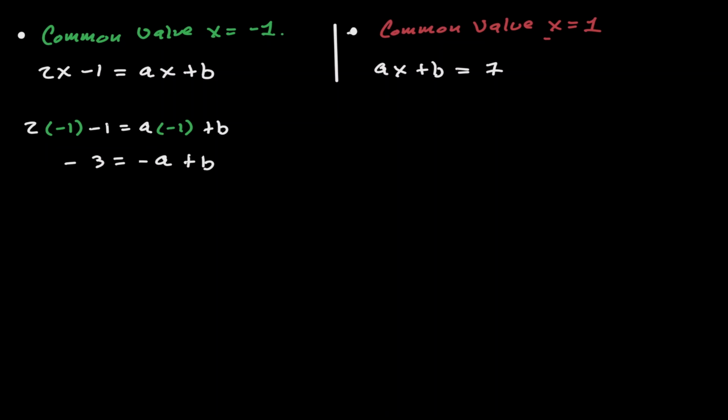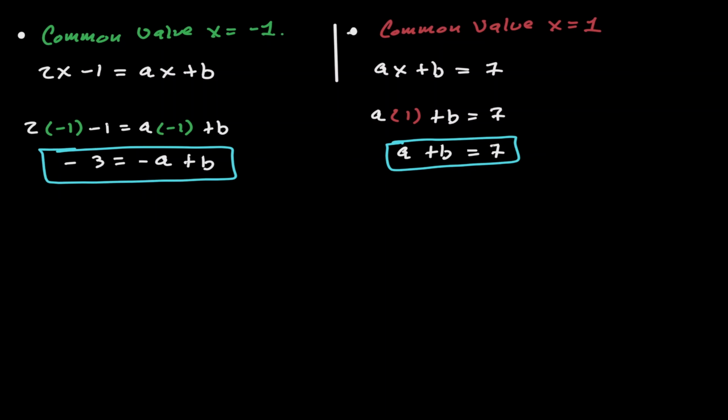In the function on the right, now let's make sure that it has the x value of positive 1. Well, let's substitute it into the equation. A times 1, that is just a. And let's bring everything down. So now notice that these two equations, the only unknowns are the values of a and b. Now we can solve this as a system of equations.